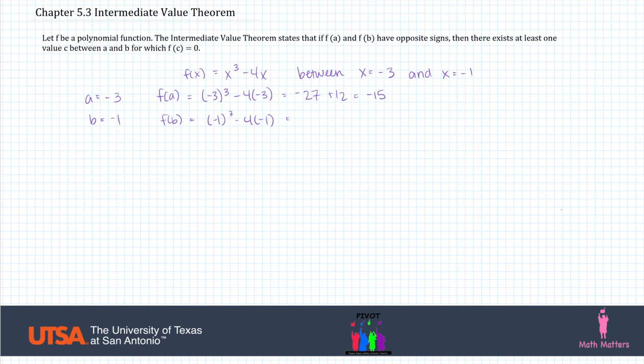So this is a negative 1 plus 4, and this gives us 3. So in this case, f of a is less than 0, and f of b is greater than 0. One is positive, one is negative. So this guarantees that there exists some c between a and b such that f of c equals 0.